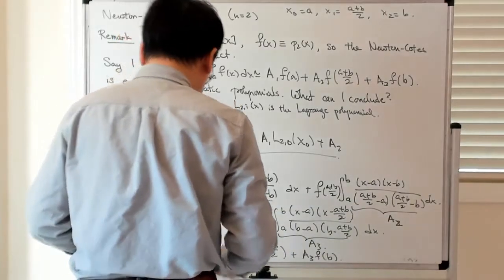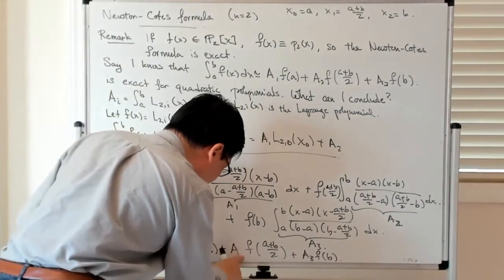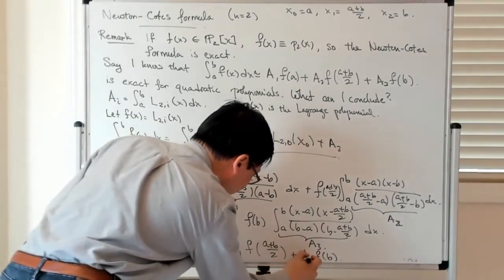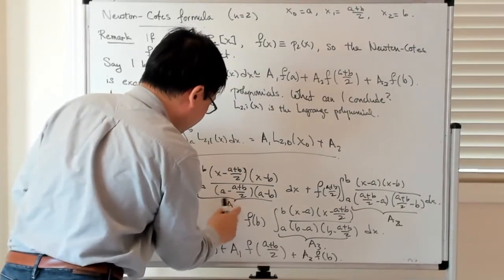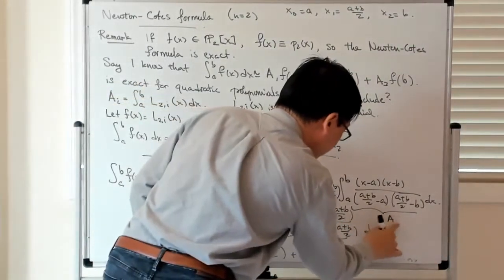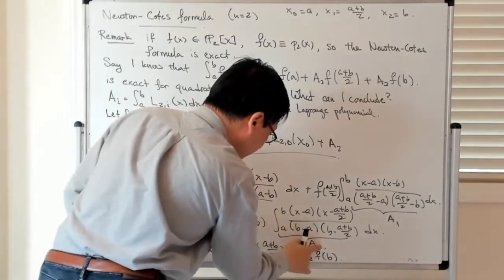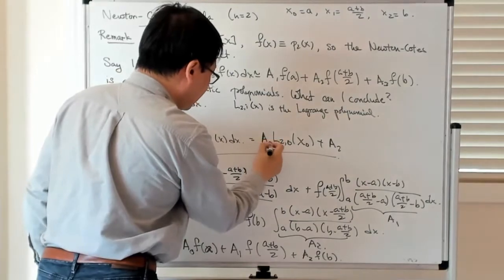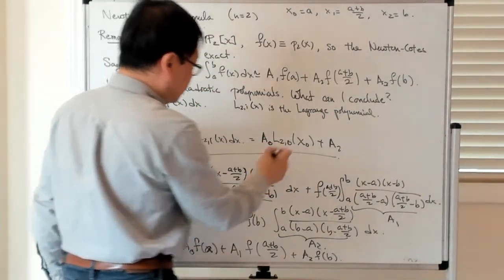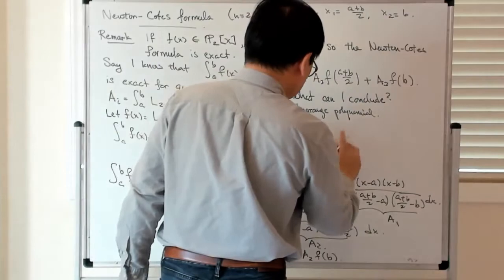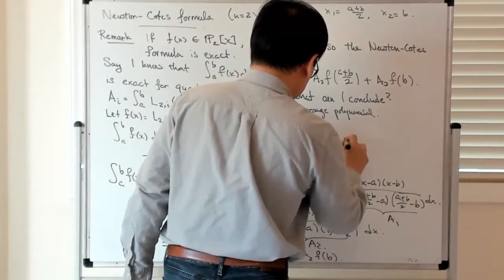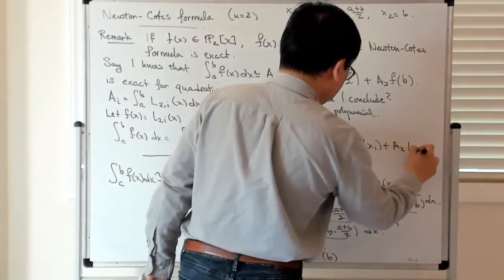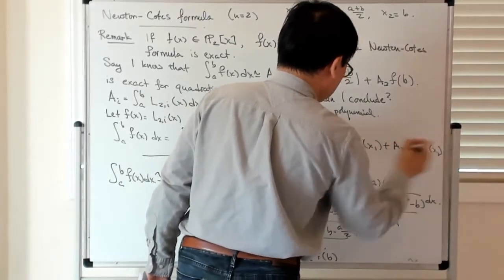Let's call the coefficients a0, a1, and a2. So with that notation, this becomes a0 L20 at x0 plus a1 L21 at x1 plus a2 L22 at x2.